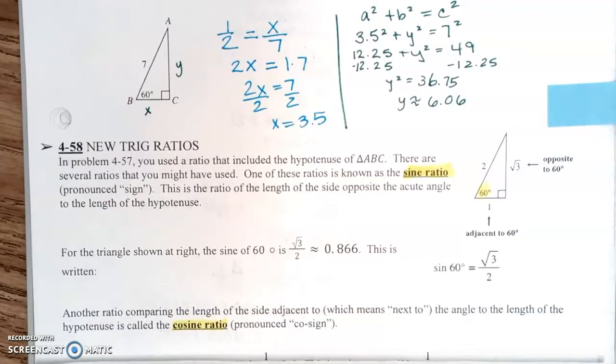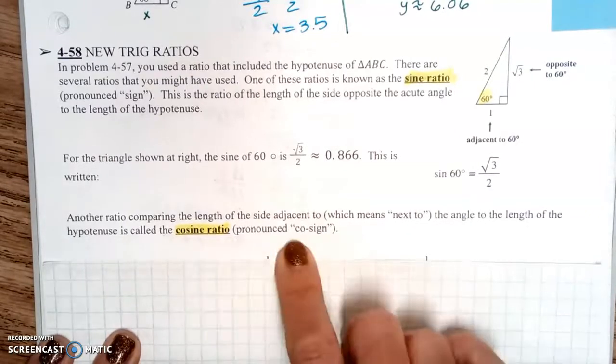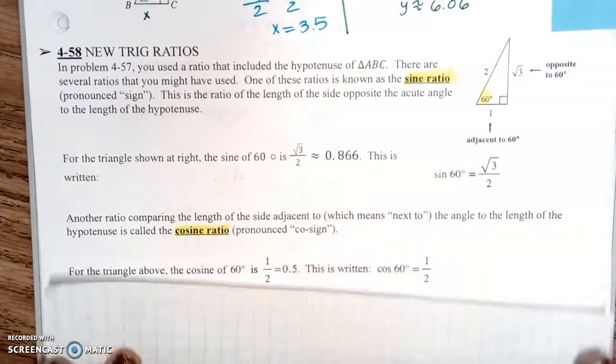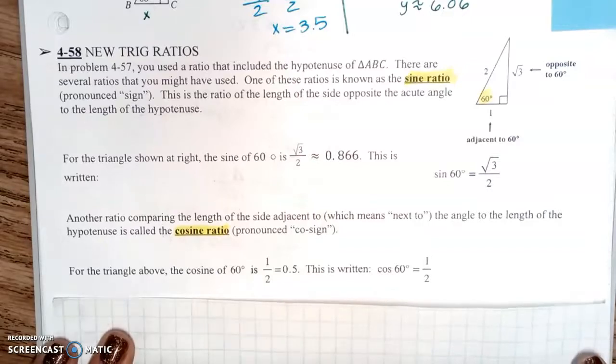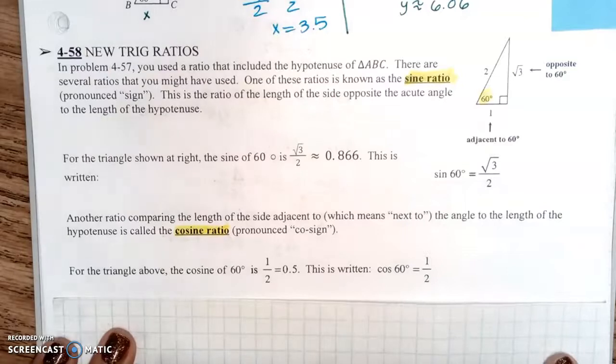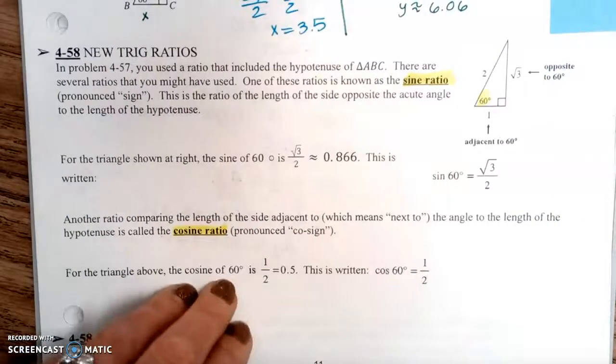Another ratio comparing the length of the side adjacent, which means next to, the angle to the length of the hypotenuse is called the cosine ratio, pronounced cosine. For the triangle above, the cosine of 60 is 1/2, which is exactly 0.5. That is written, the cosine of 60 degrees is equal to 1/2.